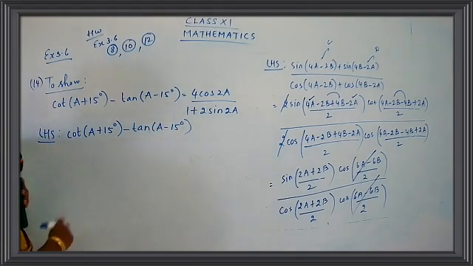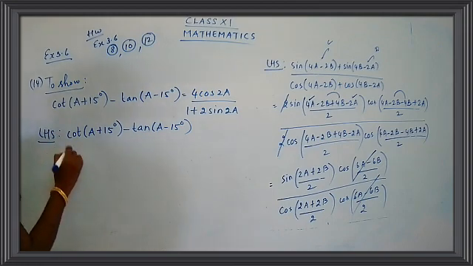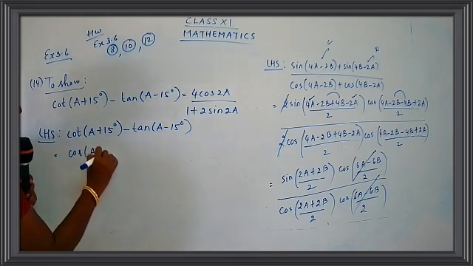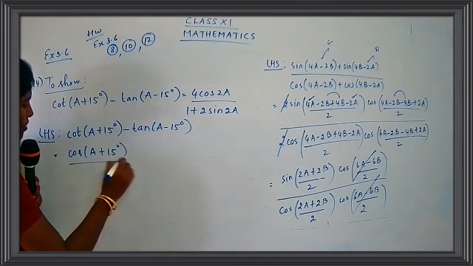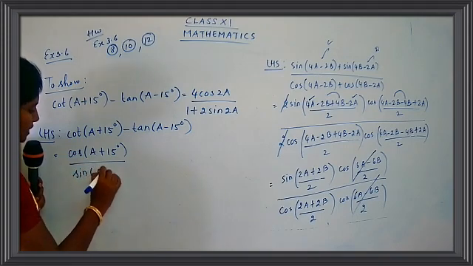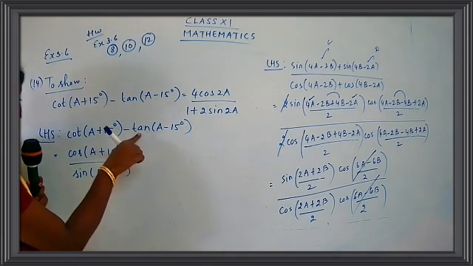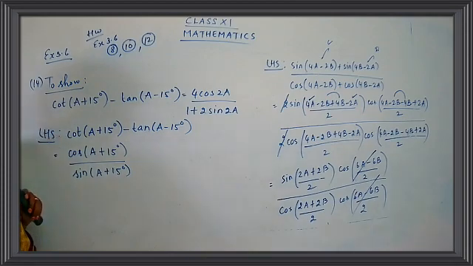So this is your LHS part, and I'm just going to write down cot and tan in terms of cos and sin. Okay, children? So this will be written as cos(A plus 15) upon sin(A plus 15). And tan is sine by cos, so cot is the reciprocal of tan.